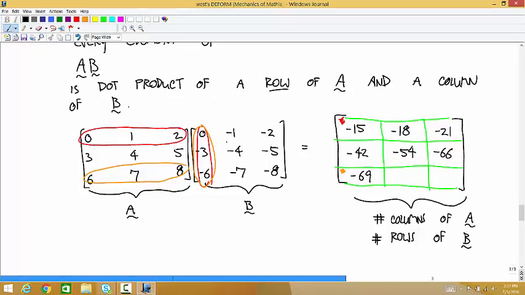Then negative 6. Negative 28. Negative 56. You guys do it. Minus 96?